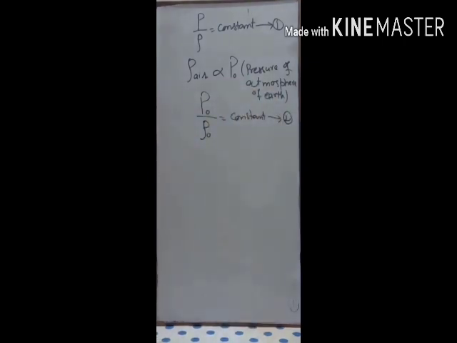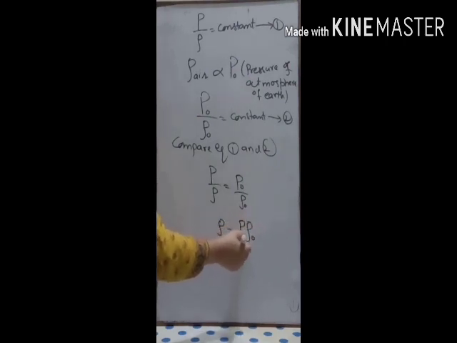From here, we can compare equation 1 and 2. P over rho is equal to P naught over rho naught. From here, rho is equal to P rho naught over P naught.